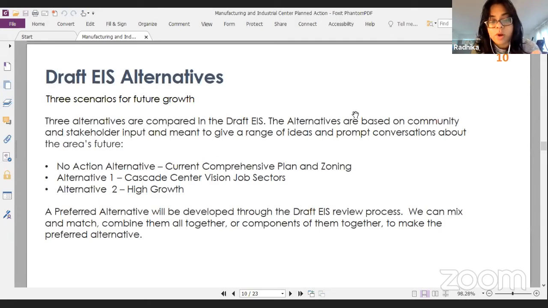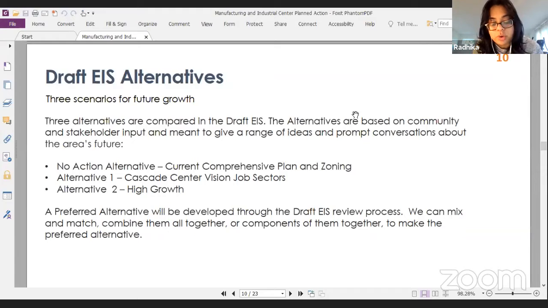And alternative 1 is one that we constructed based on the vision of the Siberia plan. So it has the geographical vision in terms of where the jobs would go and the economic vision in terms of the sectors of the Siberia plan. And I'll talk about these alternatives and their differences in more detail in subsequent slides.